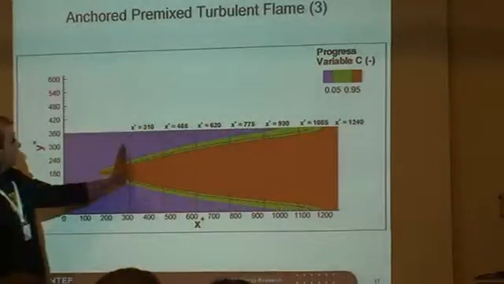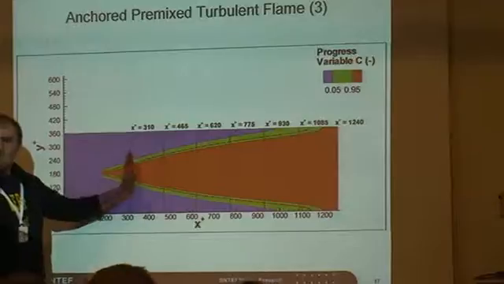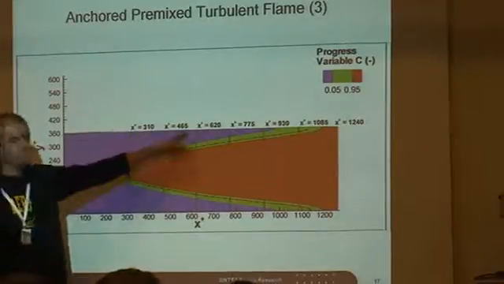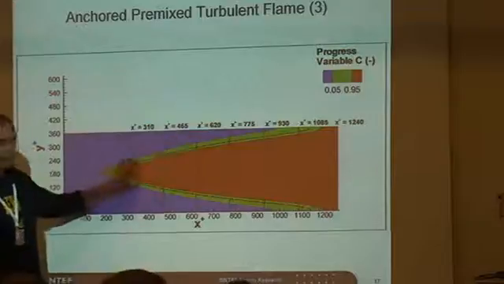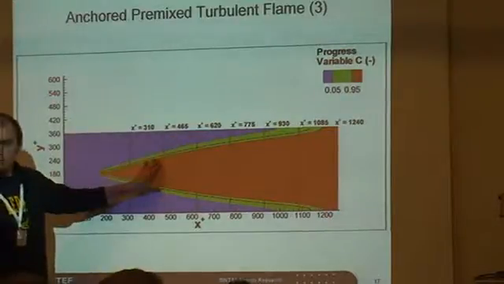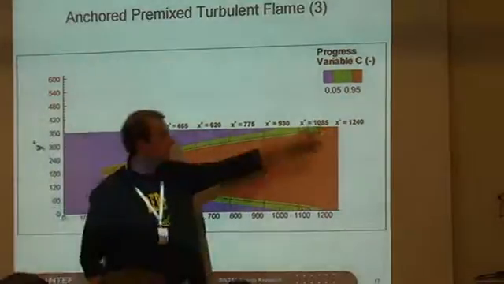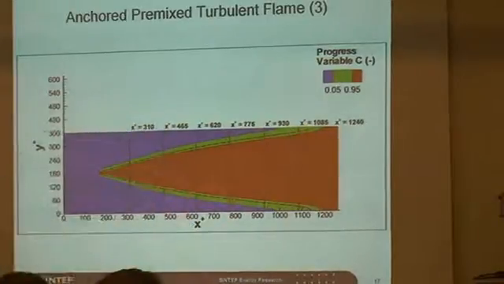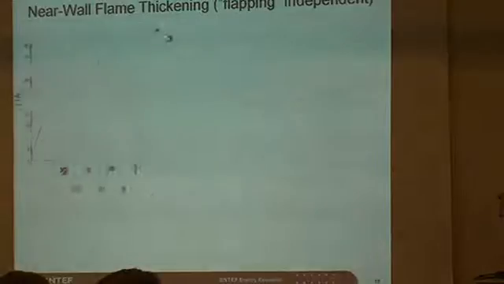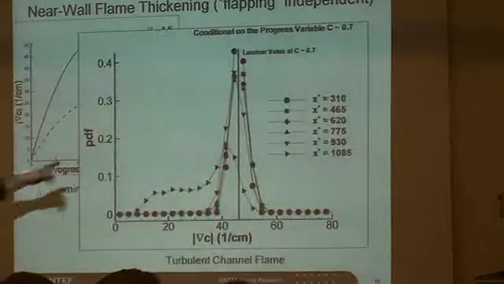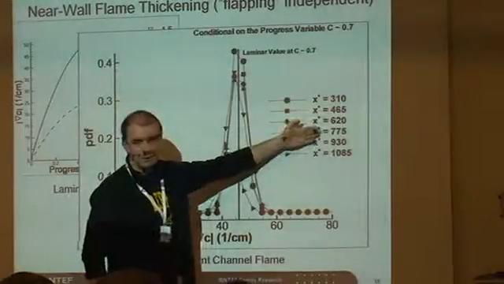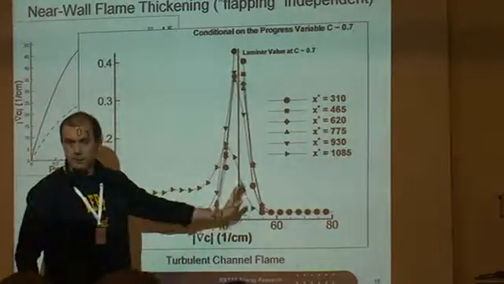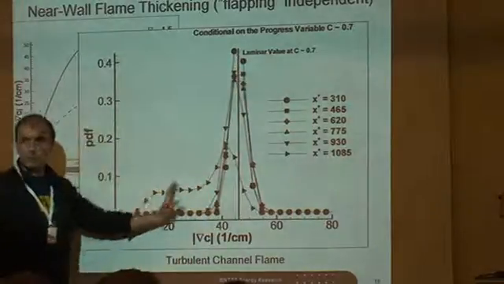So, these are the measuring points. You see that at these values of x plus, the flame is far from the wall, while in this situation, the flame is very close to the wall. So by doing this PDF, you can see that when the flame is away from the wall, it has a thickness comparable with the laminar flame, while when it comes close to the wall, it increases.